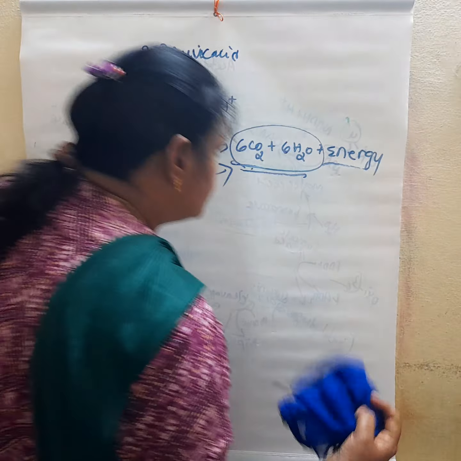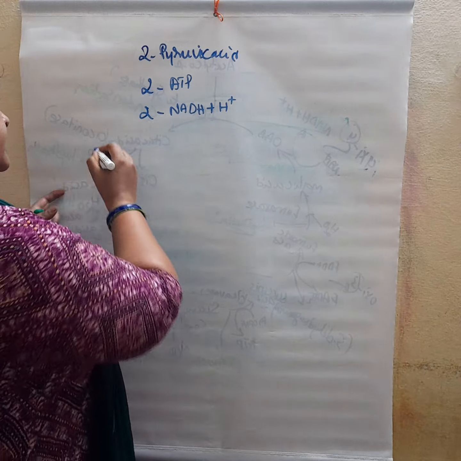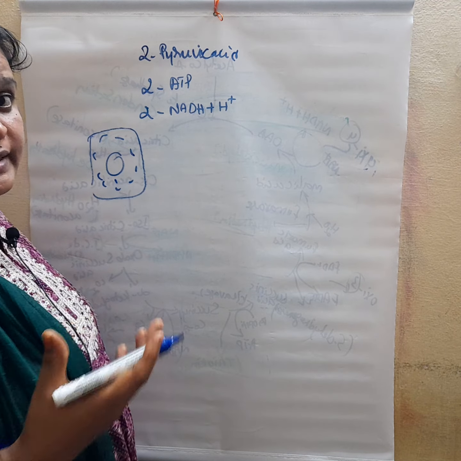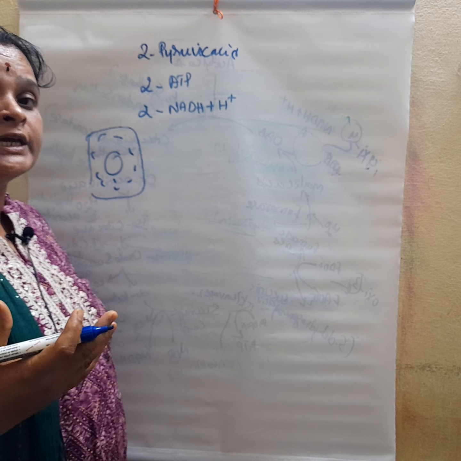First, the pyruvic acid: where is it formed? It is formed in the cytoplasm, because glycolysis occurs in the cytoplasm only. Now this pyruvic acid enters a specialized organelle which is responsible for aerobic respiration.